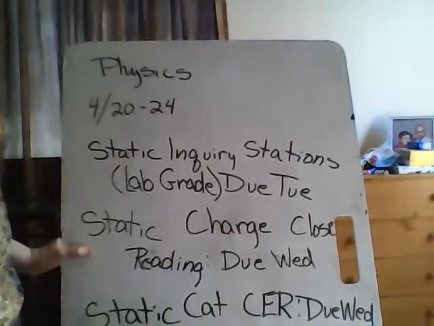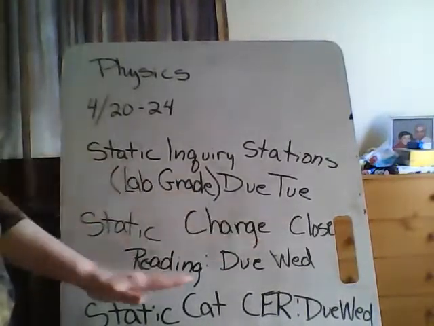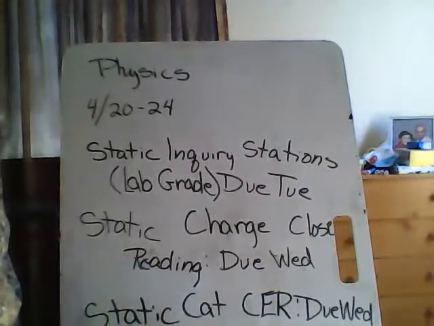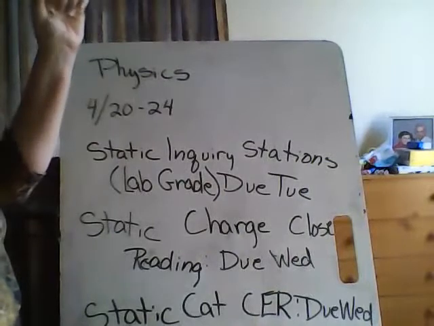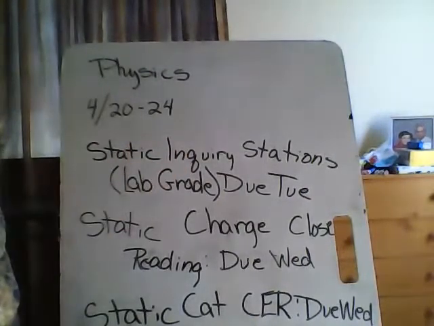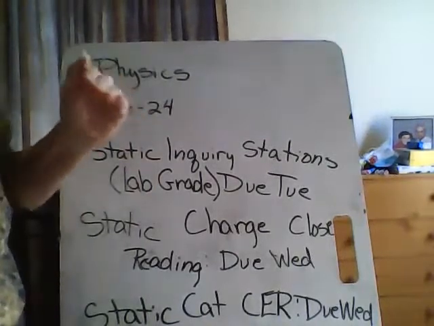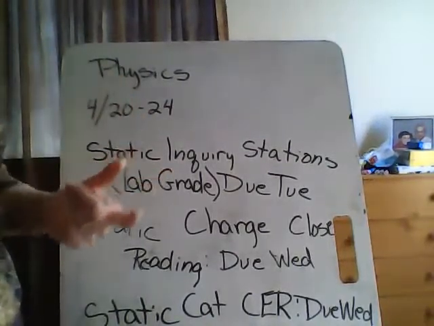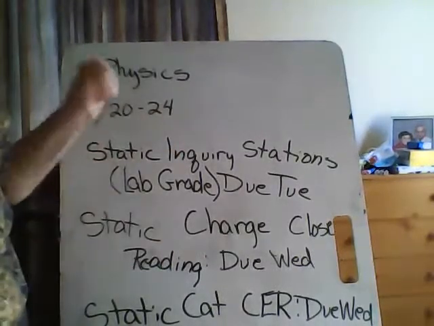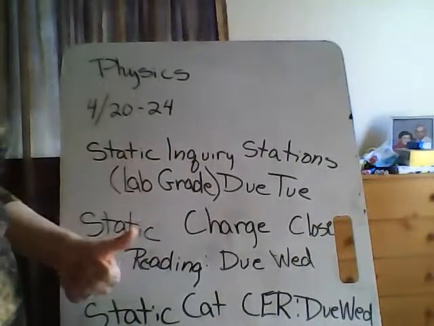Due Wednesday, there's a close reading. We've done that in class before. You have the chart to dissect each of the paragraphs. There are 5 paragraphs in the reading. So each of the paragraphs you want to read one at a time and then go back and ascertain, okay, what's a good heading for that paragraph?